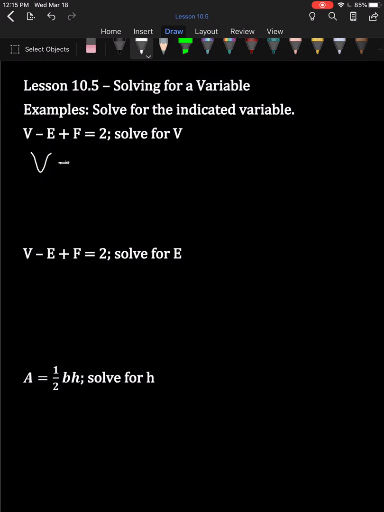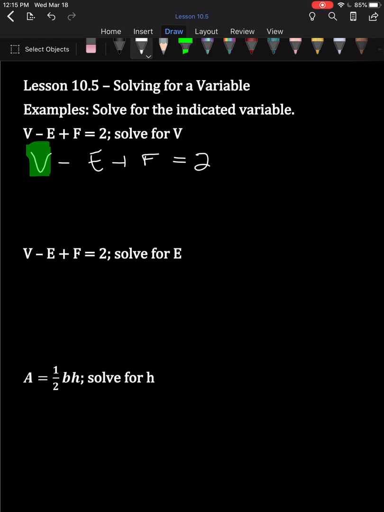So my first example, I have v minus e plus f equals 2, and we've been told to solve for v, which means we want to leave that alone and get everything else away. So this negative e has to come across, and a negative e would move by addition.